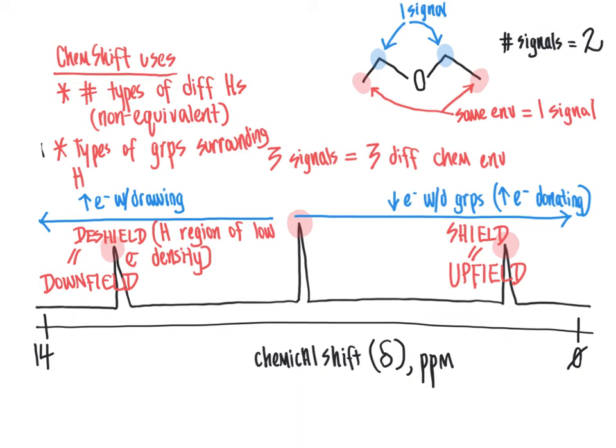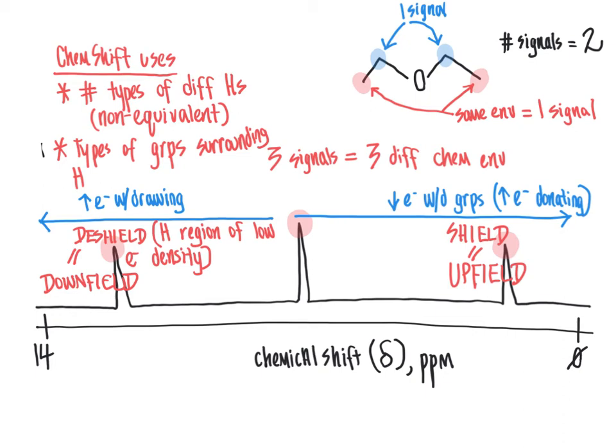And so we can glean information about the environment of each proton by looking at where it resides along the x-axis, inferring that signals that are further downfield are in regions of low electron density because they're near electron withdrawing groups, whereas protons that are in regions of high electron density are going to be more upfield.